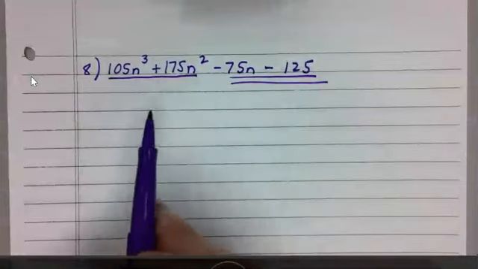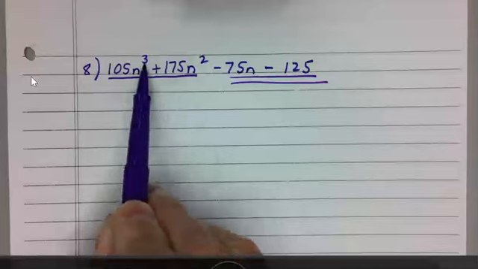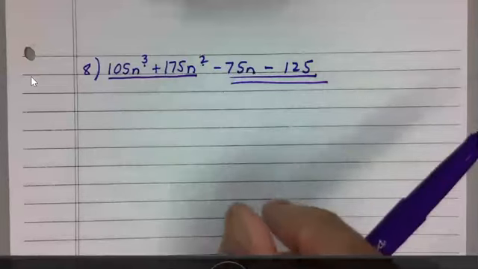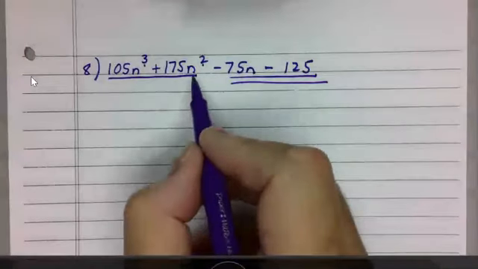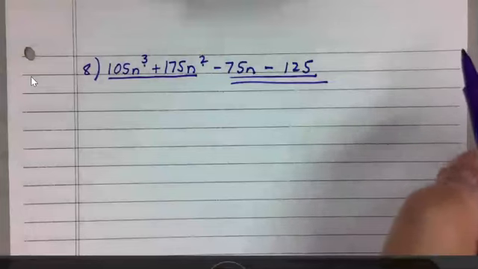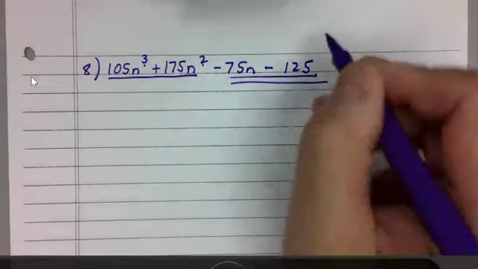Notice this thing is in descending order, isn't it? N to the third, to the second, to the first, to the zero. Agreed? What's anything to the 0 power equal to? 1. Okay, so what can I factor out of the first one? I'm thinking 5. What do you think? Huh? So let's see if that works.